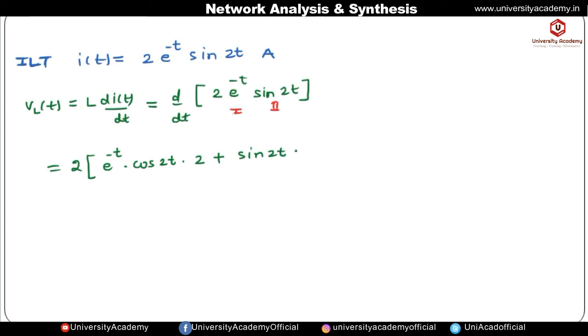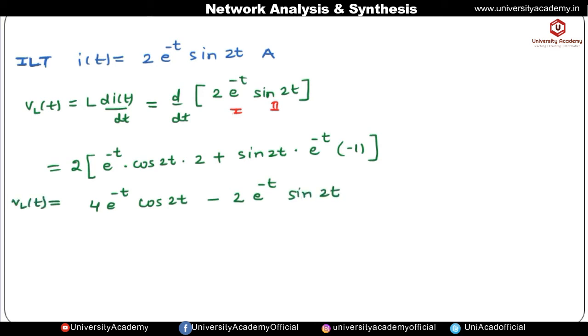The first function is e to the power minus t, so its differentiation is e to the power minus t, and the differentiation of minus t is minus 1. If we rearrange, we get 4 into e to the power minus t into cos of 2t minus 2 into e to the power minus t into sine of 2t. This is the voltage across the inductor, in volts.